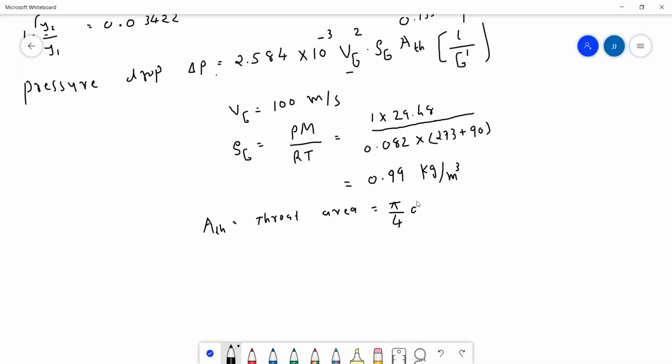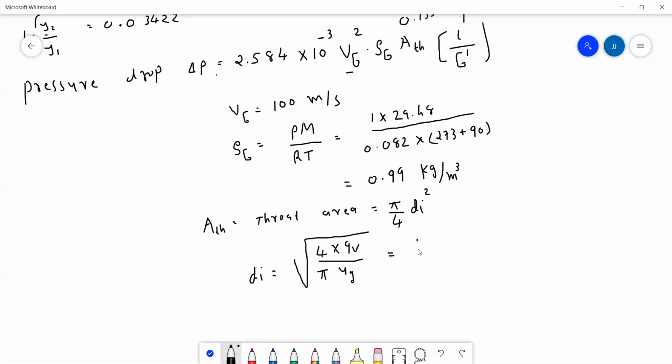I mentioned yesterday that di is equal to the square root of 4 into Qv divided by pi into UG. I already mentioned this equation yesterday.